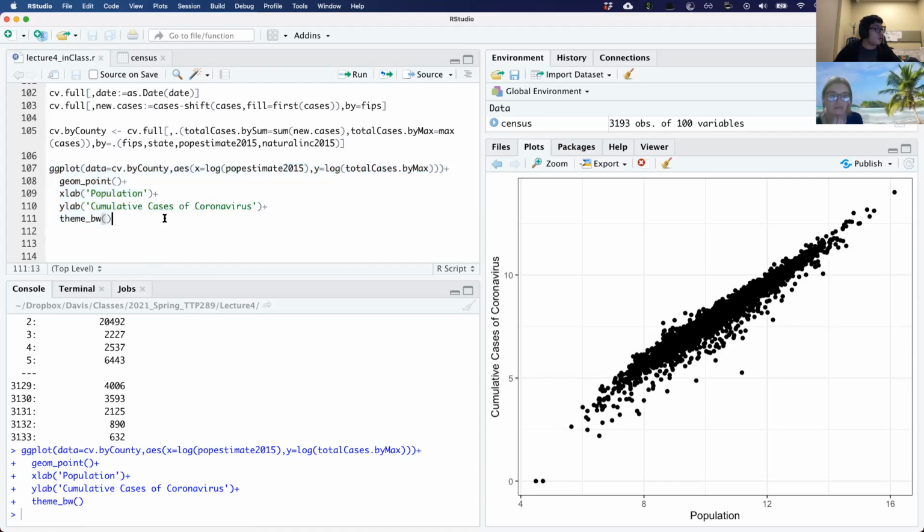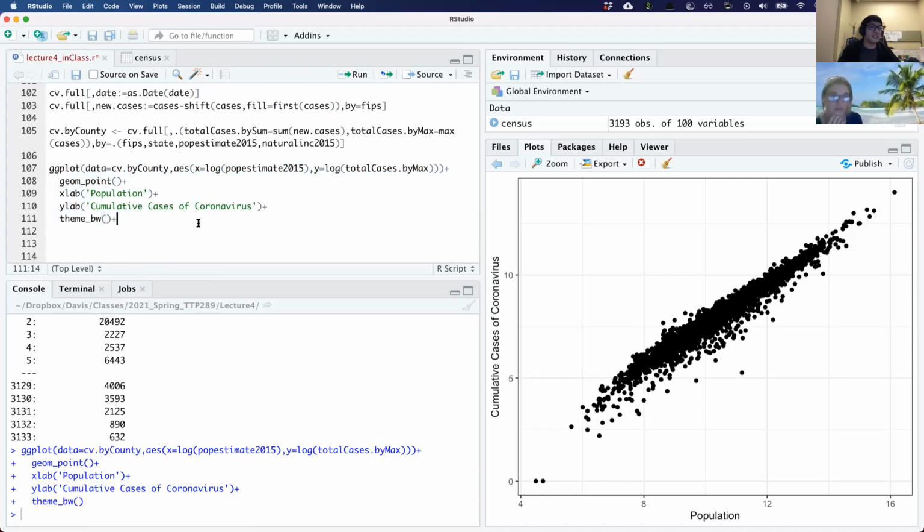And so you might say, is there anything particular about specific states, for example, where the trend might be different, or some kind of systematic difference between counties in one state versus another, where the relationship between the population and the number of cases of coronavirus might be different.